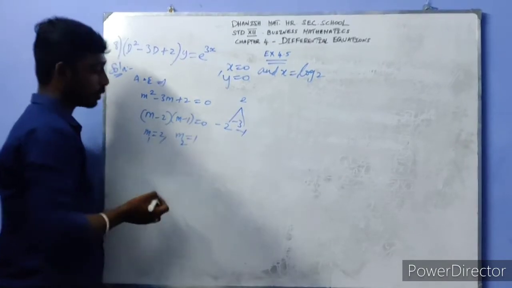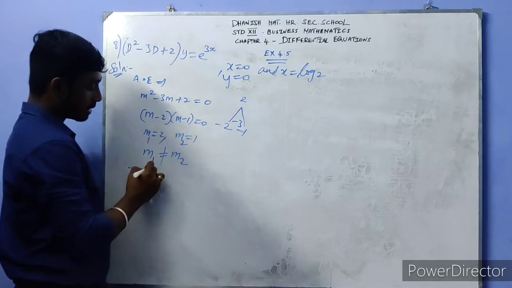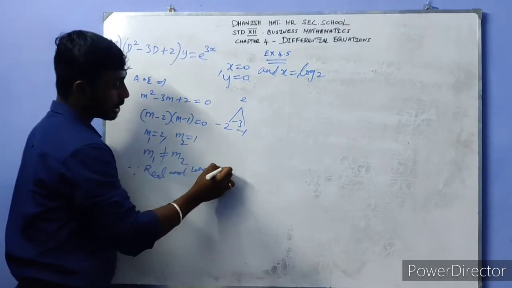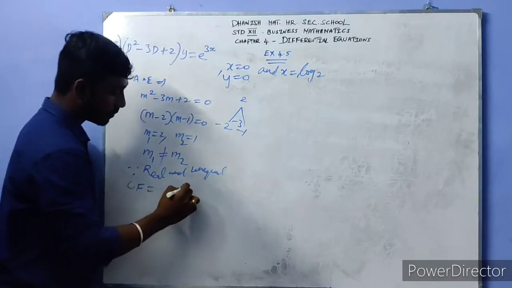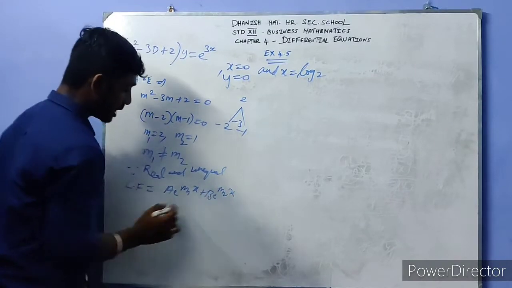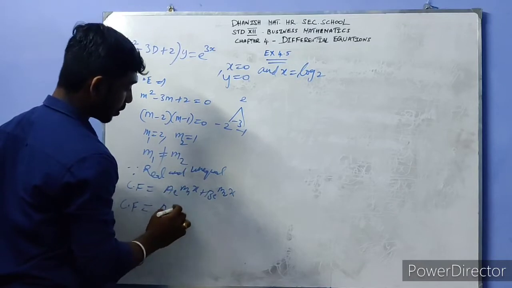The m1 and m2 values are not equal, that is real and unequal. Using the formula for complementary function, that is a e power m1 x plus b e power m2 x. So let's see here, CF equals a e power, what is the m1 value?